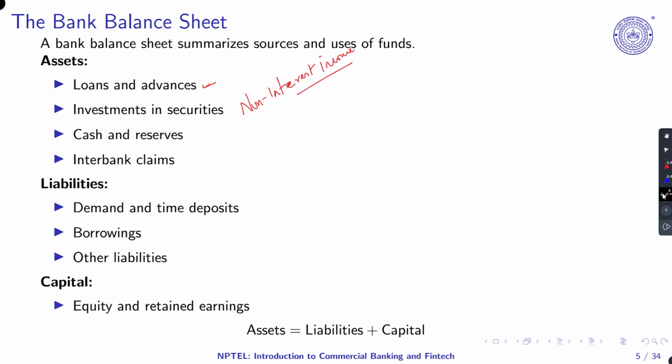Cash and reserves, which banks are having. For example, when they receive deposits, a certain amount of money they keep as cash and some amount as reserves. We saw that in terms of excess reserves, right? So we have the excess reserves. Then here the interbank claims that we think about.